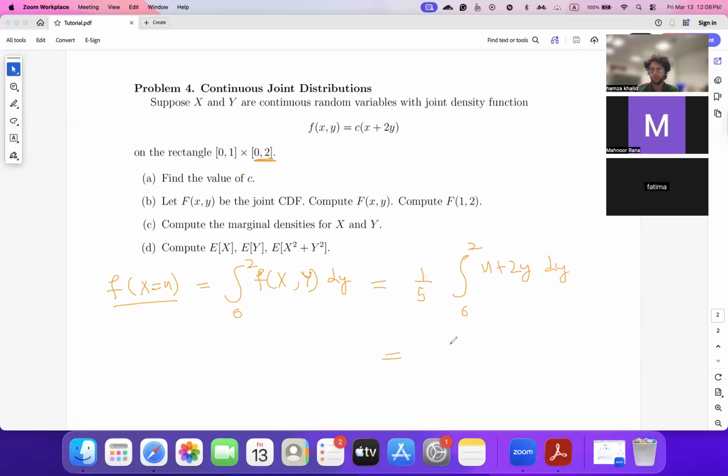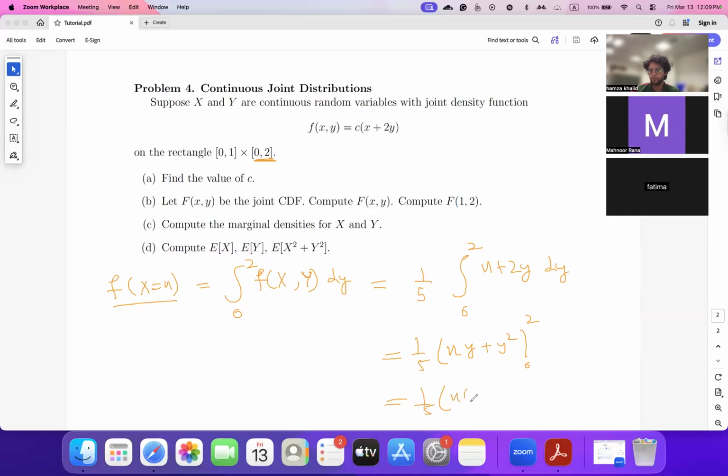Well, these integrals are so similar: y and then y squared, evaluated at 0 to 2, 1 by 5. So what is this? 1 by 5, I'm integrating with respect to y, right?